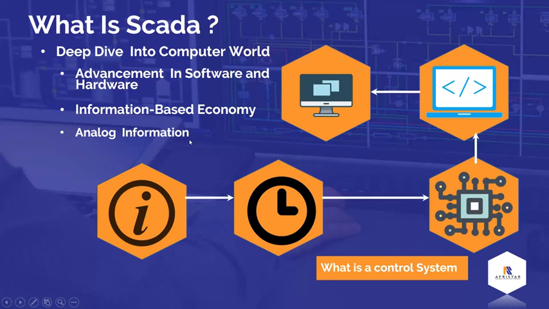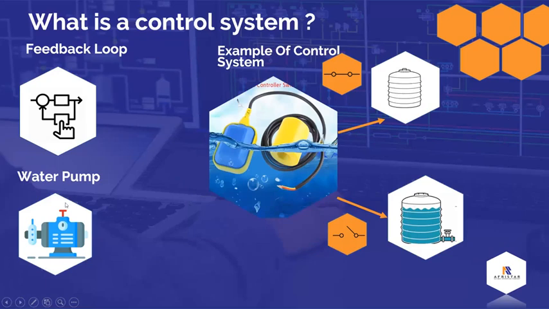So SCADA is a control system, and we can ask ourselves, what is a control system? A control system we can break down into two parts: one is what is control, and the other is what is a system. To control is to regulate, command or direct a thing. Also, a system is a connection of things interconnected to form an entity.